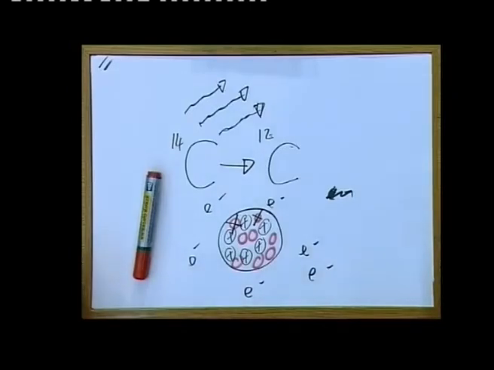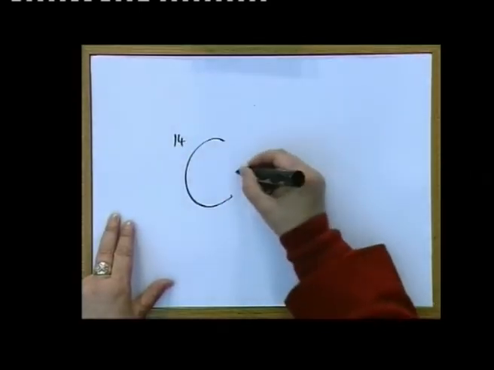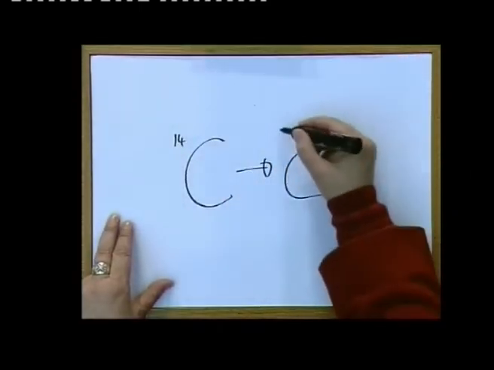Now, if this sounds very technical, please sigh with relief because you don't have to know it. But the physical science people will know exactly what we're talking about. As long as you remember that a more radioactive form called carbon-14 was changed into a non-radioactive form, carbon-12.